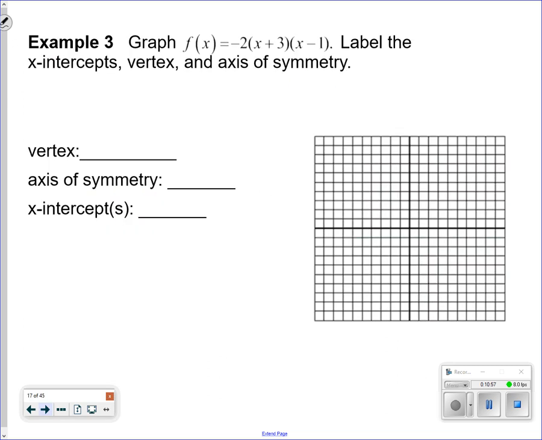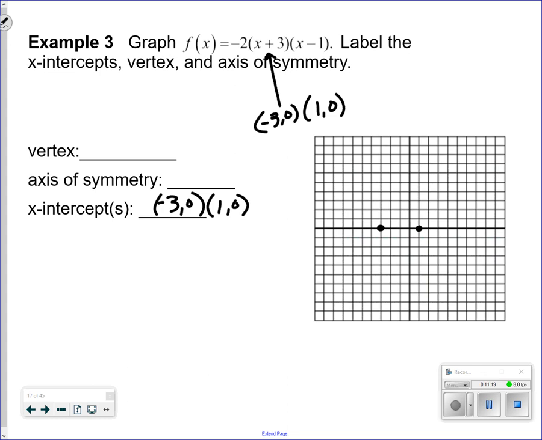All right, so I have something in intercept form. Find the intercepts. So what value makes that 0? Well, negative 3 makes that 0. Positive 1 makes that 0. And yes, you have to write those as points. So negative 3, 0 and 1, 0.